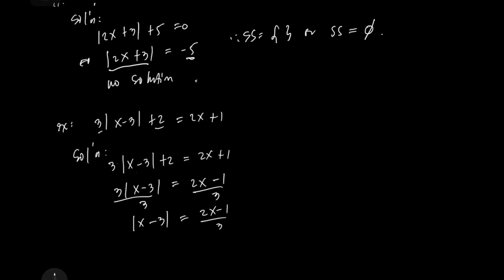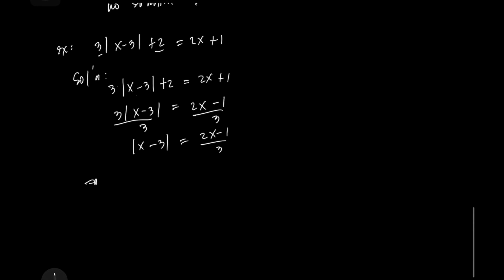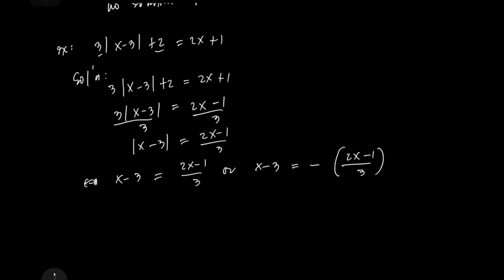So here, we can now apply the absolute value rule. This is equivalent to x minus 3 equals 2x minus 1 over 3, or x minus 3 equals the negative of 2x minus 1 over 3. Then simplify one by one.